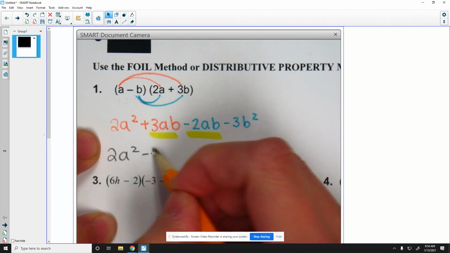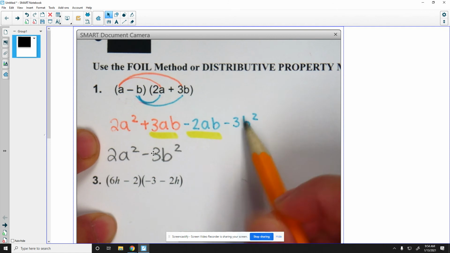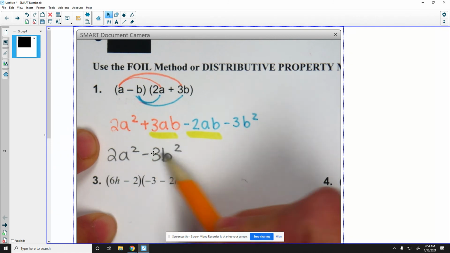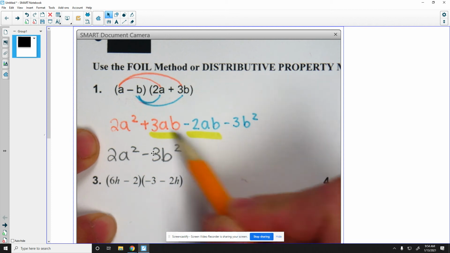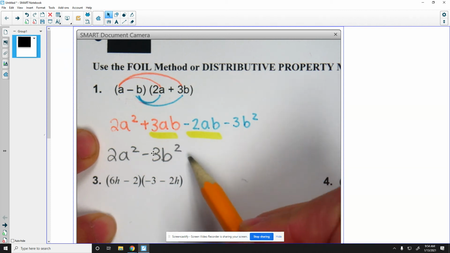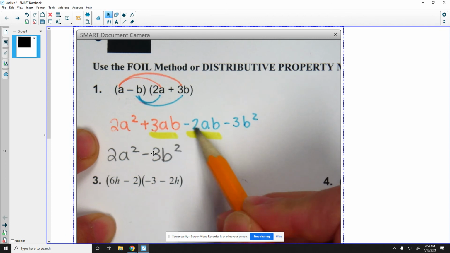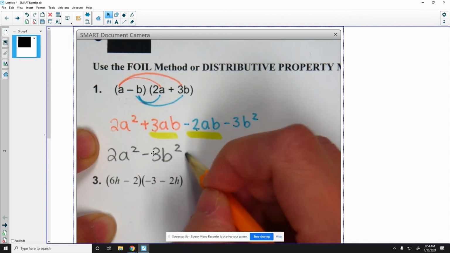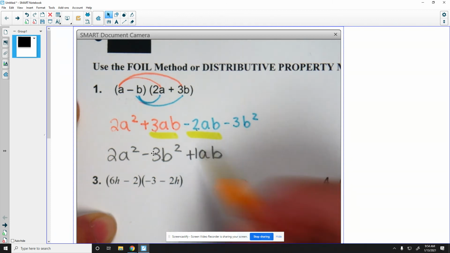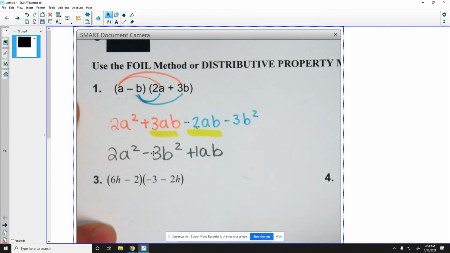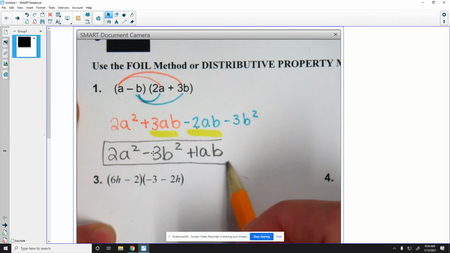And then minus 3B squared. And now what would be plus 3 minus 2? Plus AB. Remember, you can write plus AB or you can write plus 1AB, same thing. And that would be your answer.